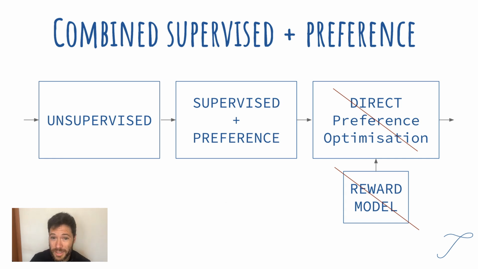What I'm going to talk about today goes even further and gets rid of the direct preference optimization step and the reward model and simply leads you to a two-step approach. First, there's the pre-training with unsupervised fine-tuning, and then in combination, there's supervised and preference fine-tuning. And this is done in a way that I found is more stable as well and reliably allowed me to get results that were at least a bit better than doing supervised fine-tuning alone.